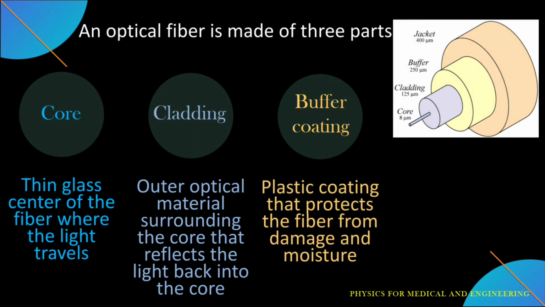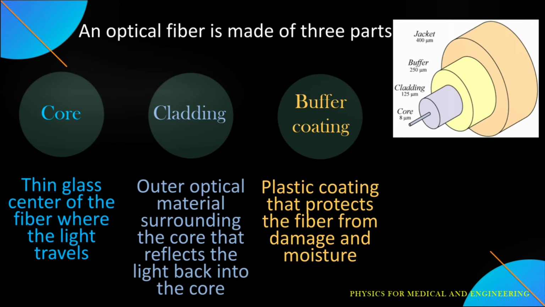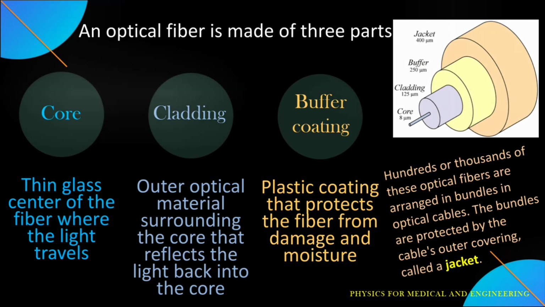And the buffer coating is a plastic coating that protects the fiber from damage and moisture. Hundreds or thousands of these optical fibers are arranged in bundles in optical cables. The bundles are protected by the cable's outer covering called the jacket.